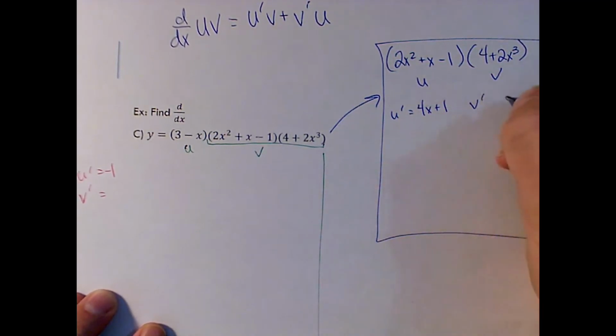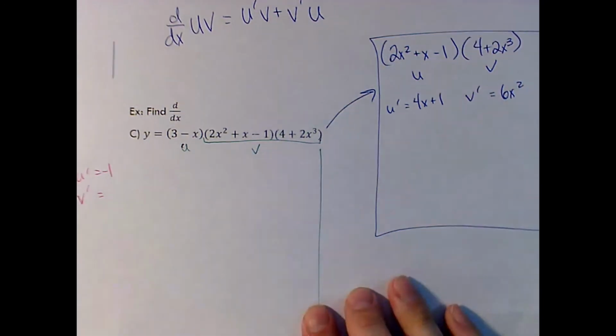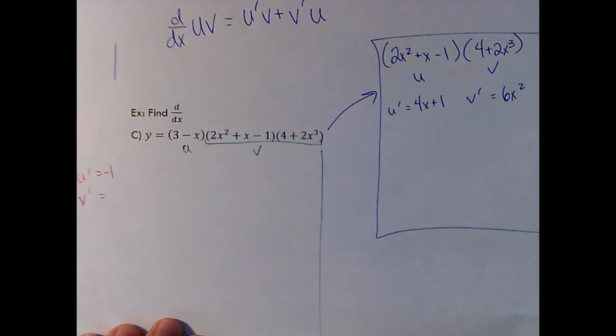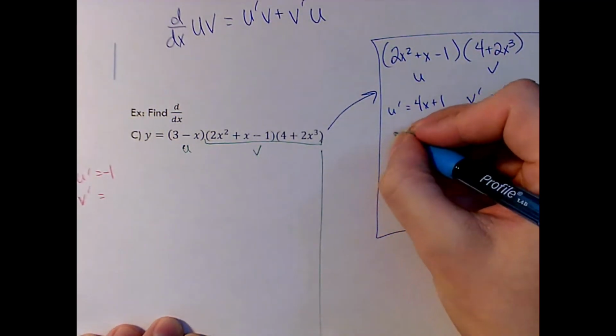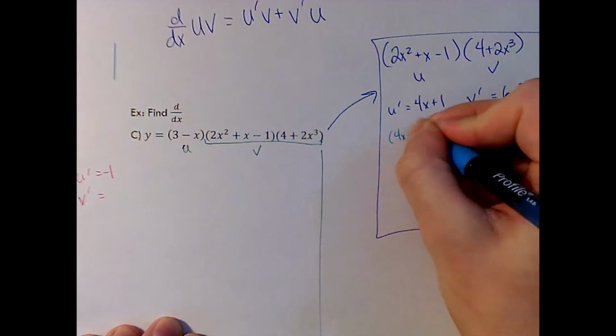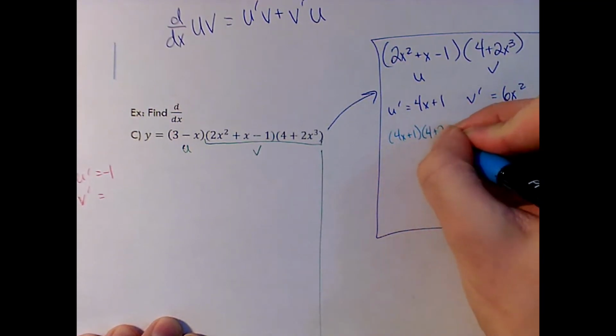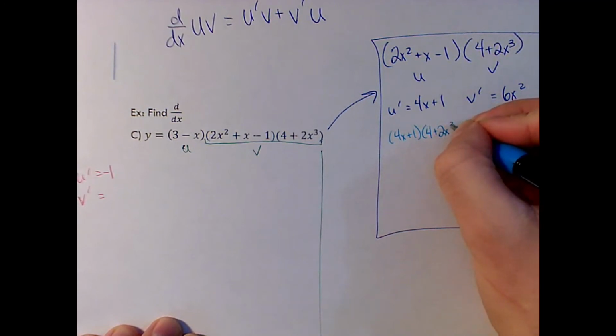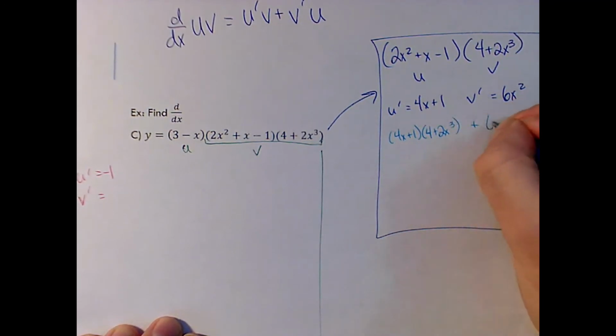V prime is going to be 6x squared. So u prime v is 4x plus 1 times 4 plus 2x cubed, plus v prime, 6x squared.